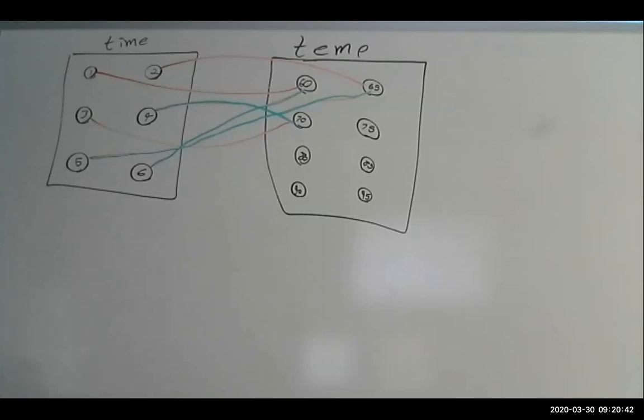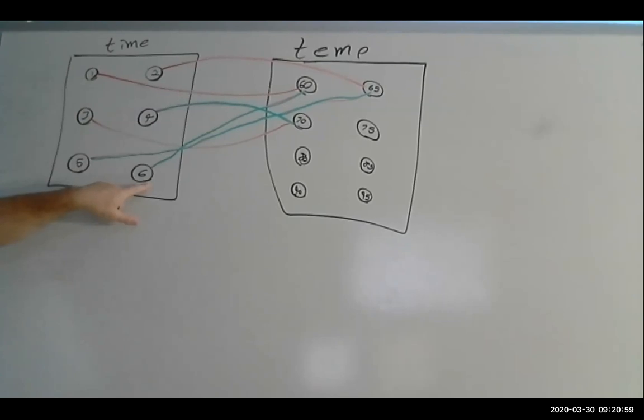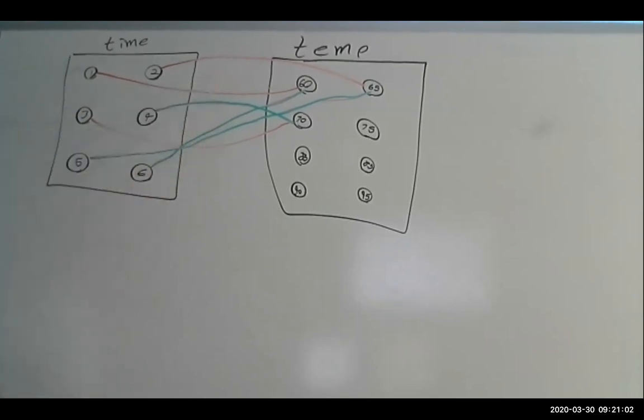Another thing about it is every input goes to some output. But you can have two inputs, like for this case, 1 and 6 both go to 60. 2 and 5 both go to 65, and 3 and 4 both go to 70. So you can have multiple inputs go to the same output.